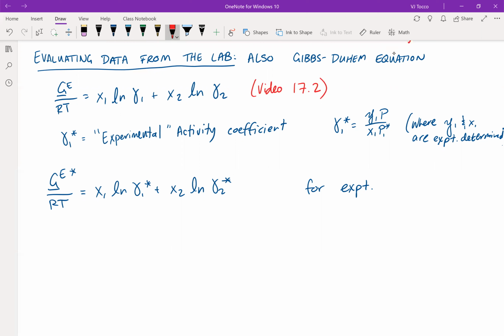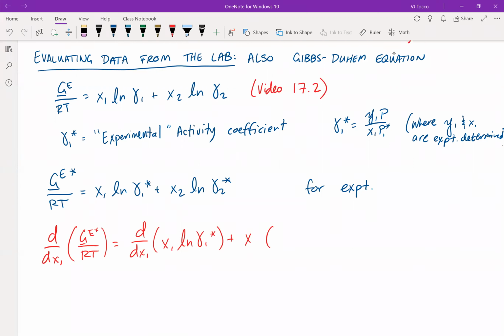So this is now d/dx1 of GE star over RT equals d/dx1 of x1 ln of gamma 1 star plus d/dx1 of x2 ln of gamma 2 star. And we also need to rewrite, we can't use x2 because it's a function of x1, and we know what that expression is. It's 1 minus x1.